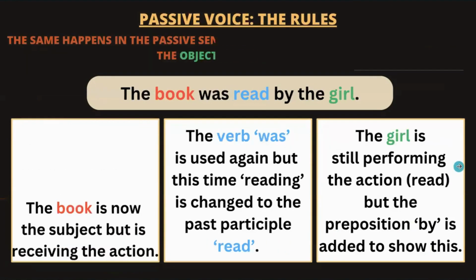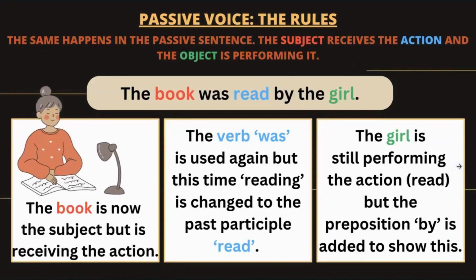Let's see the next example. The book was read by the girl. The book is now the subject, but is receiving the action. The verb was is used again, but this time reading is changed to the past participle, that is read. And the girl is still performing the action of reading, but the preposition by is added to show this.